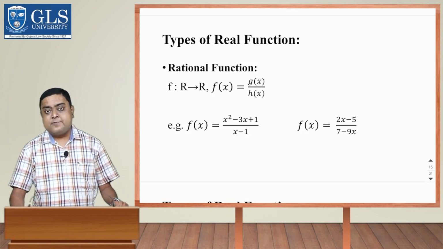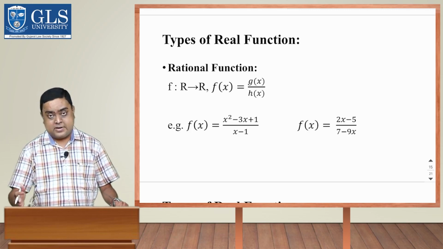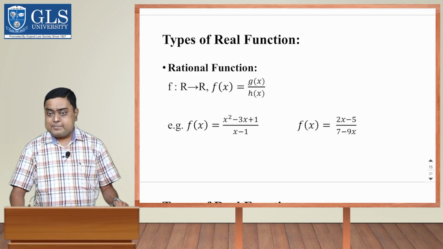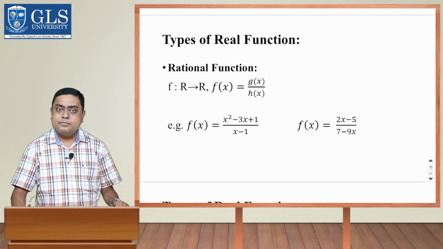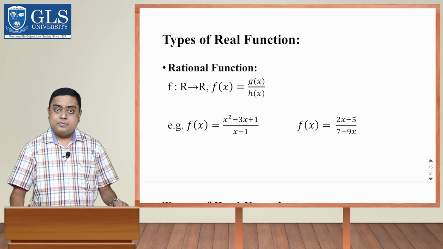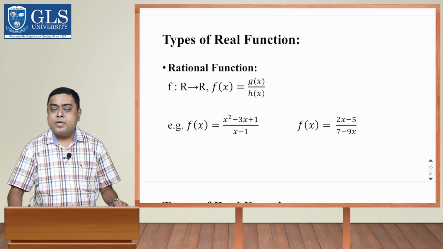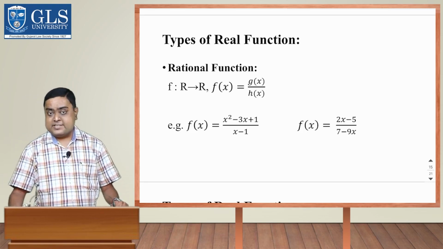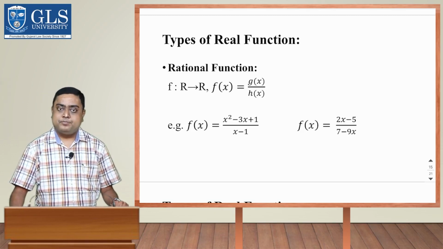In this rational function, in the numerator we have a quadratic function, and in the denominator we have a linear function. Second example, (2x − 5)/(7 − 9x). In this example, we have linear functions in both numerator and denominator. So any function which is given by g(x)/h(x) is said to be a rational function.